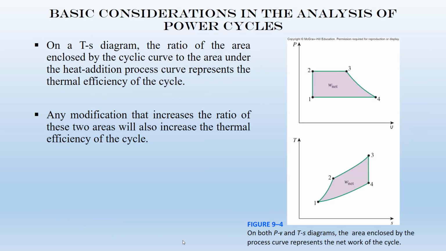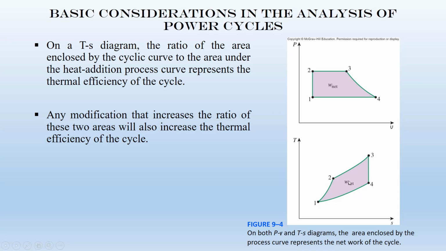If you remember from the previous chapters, the area under the PV diagram equals the work, and the area under the TS diagram equals the heat. So for a cycle, the area enclosed by the cycle on the PV diagram equals W net, and the area enclosed on the TS diagram equals Q net.